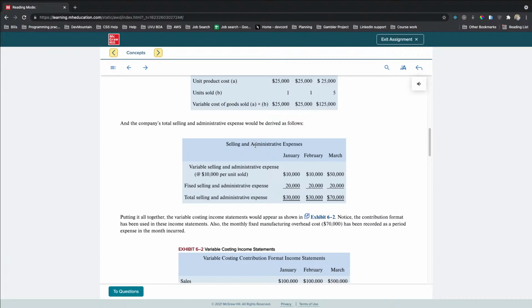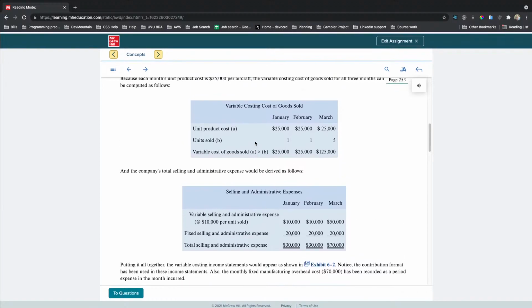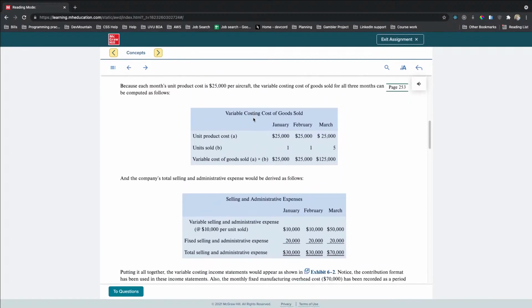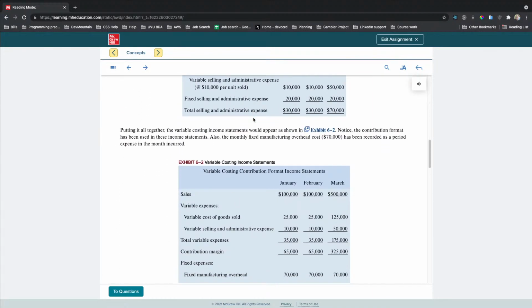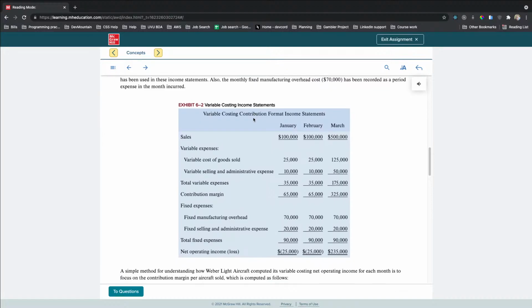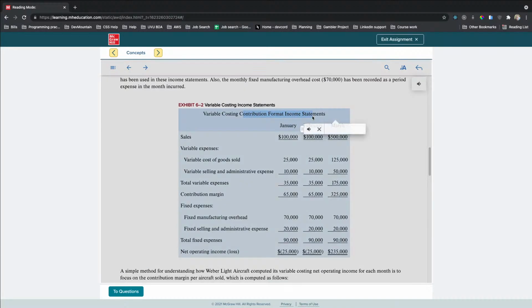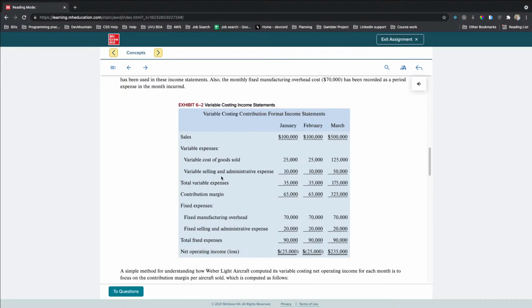Yep, and that's how many they sold, selling administrative expenses, variable costs of goods sold, variable costing unit product cost, variable costing contribution format income statements. Okay, I see what they're doing.